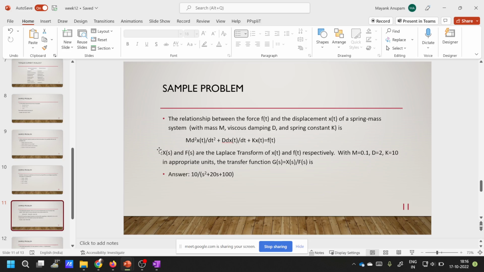The relationship between the force F of t and displacement x of t of a spring mass system with mass m, viscous damping d, and spring constant k is this. Let's take a screenshot of this.